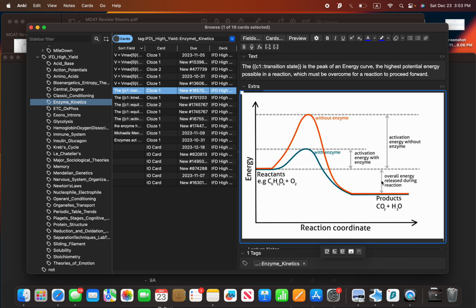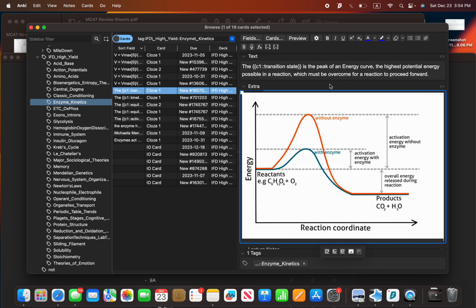And the overall energy released during the reaction is this, because this is an exothermic reaction, due to the fact that reactants are in a higher energy state than the products. CO2 and H2O are more stable, and they are in a lower energy state than the reactants here. Then I believe this is glucose and oxygen.